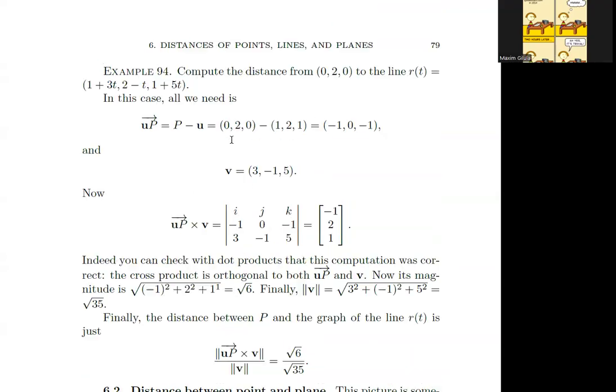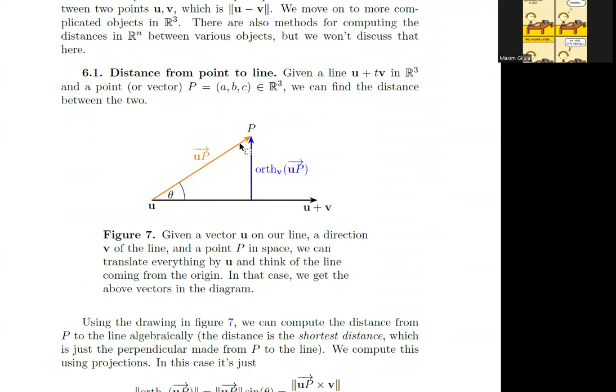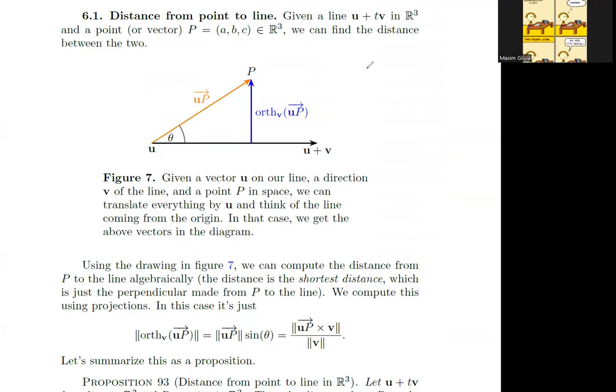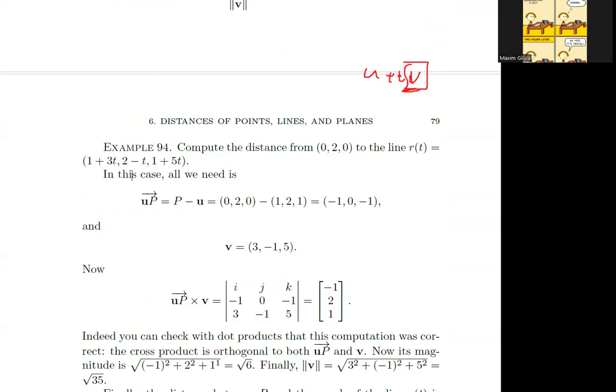And a vector v, which is, well, our line is given by u plus tv. So we just find what v is when we look at our line. So we can rewrite it as 1, 2, 1 plus t, 3, minus 1, 5. And so this is v, and this is u.